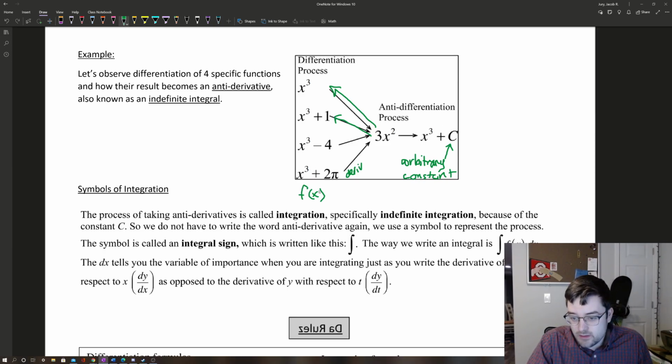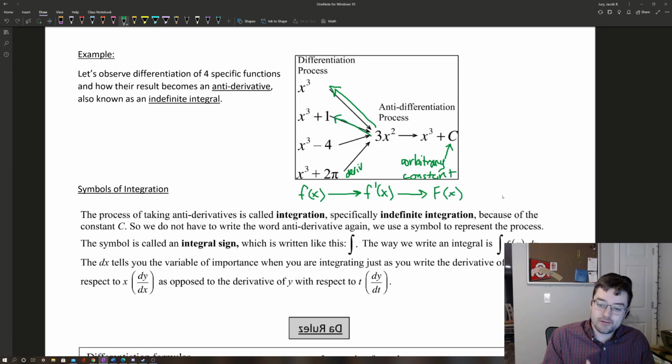So if we follow the chain of events here, we had f of x, and then we found the derivative, f prime of x, and then this brought us to what we'll call capital F of x, which is the integral of that result, and it's marked by plus c.